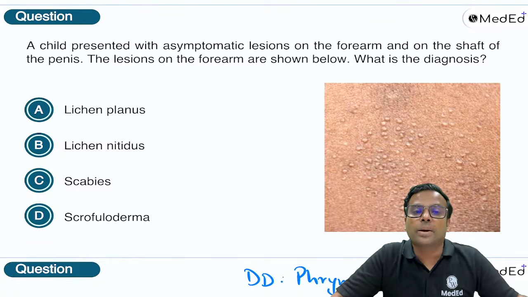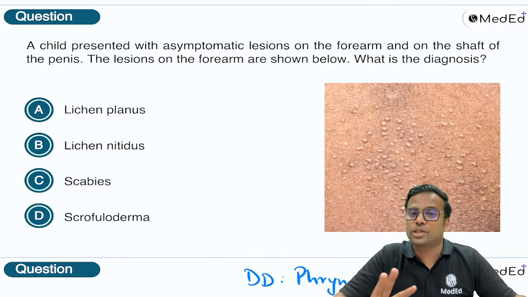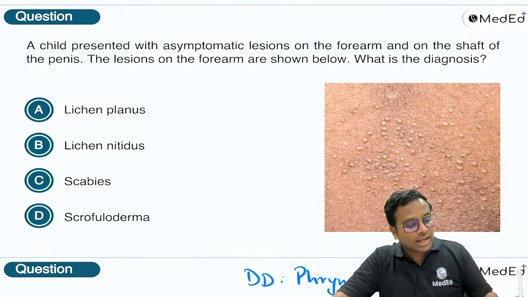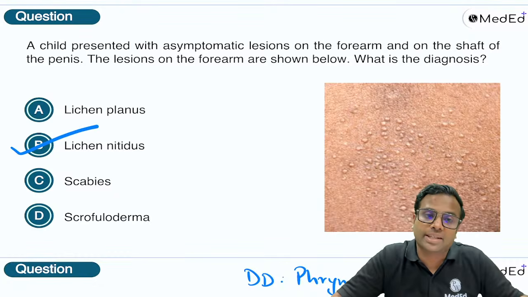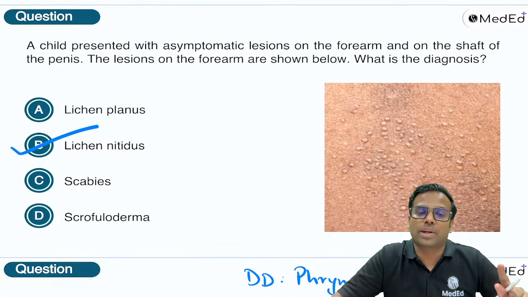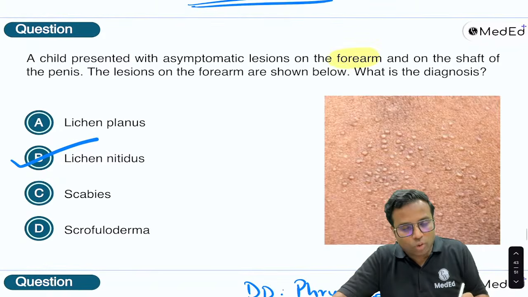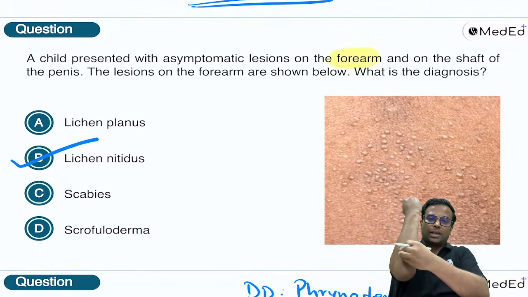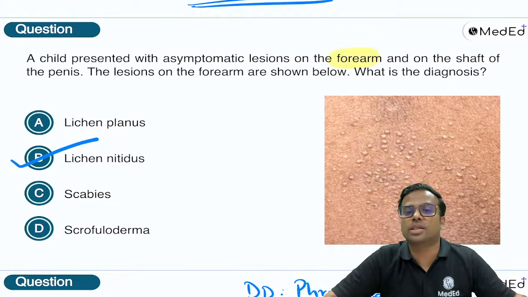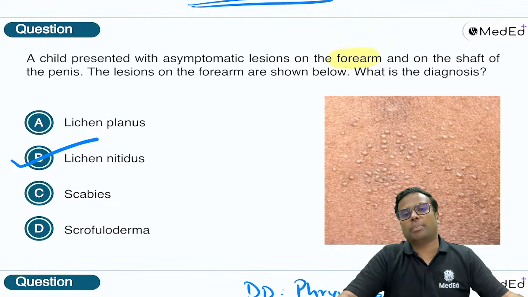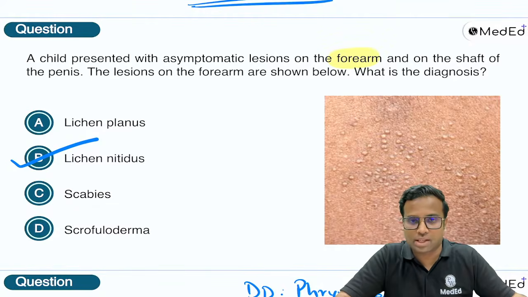Yeah, so here it is not vitamin deficiency, it is not phrynoderma, but another condition called lichen nitidus, which will also present very typically with lesions over the elbow region. Multiple papules like this, what you can see in this image, and multiple small papules like this over the shaft of the penis as well.